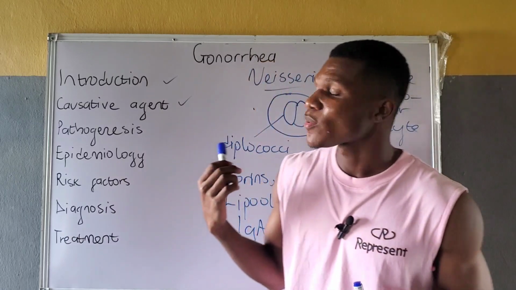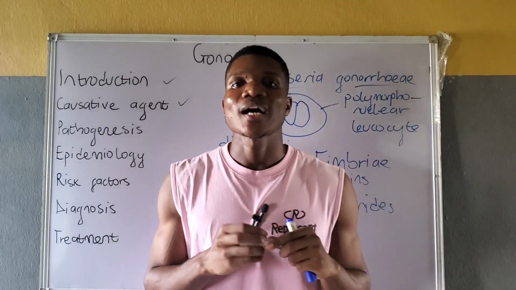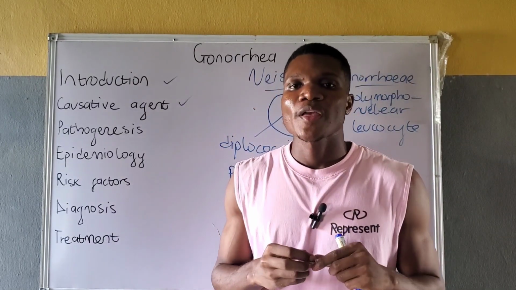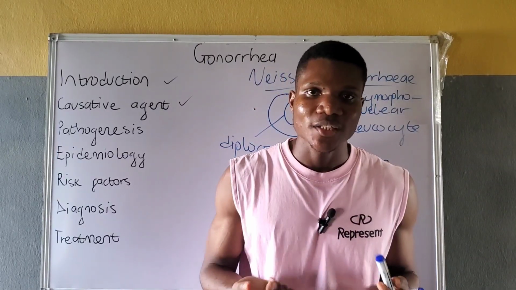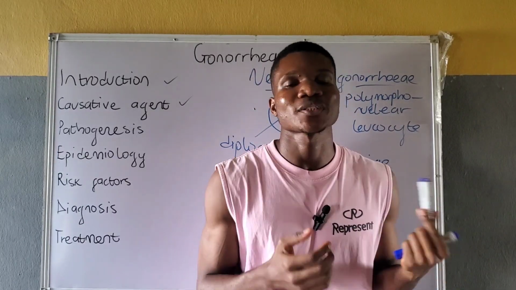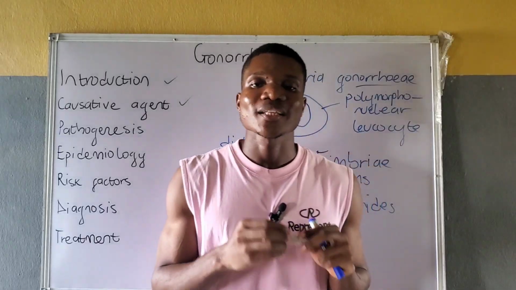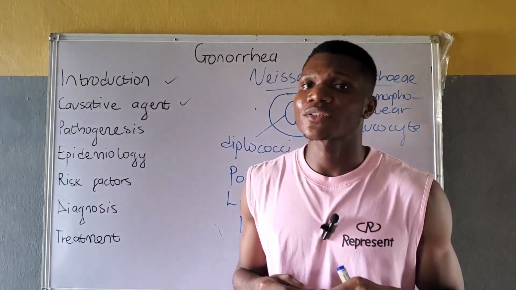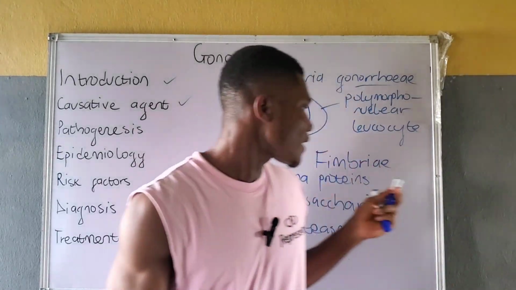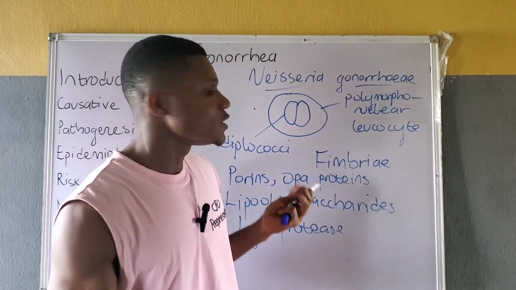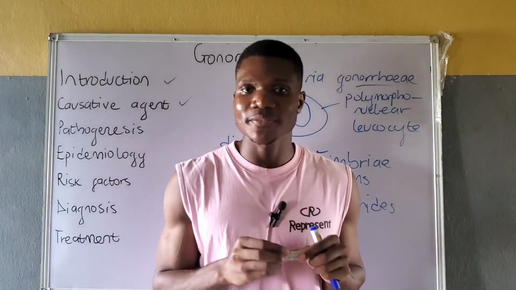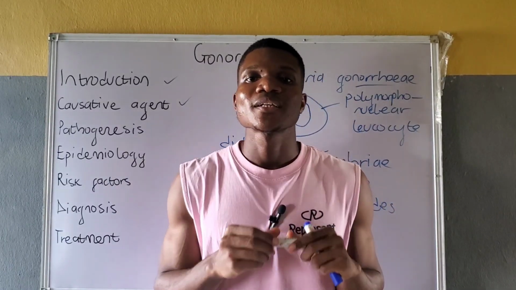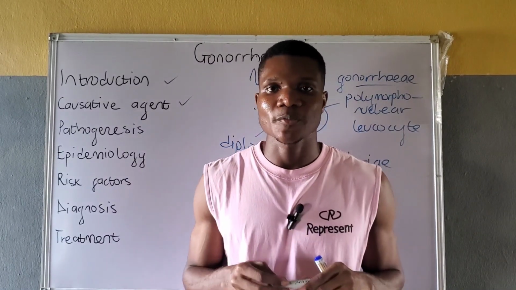The bacteria, once in the urogenital tract, attach to the mucosal epithelial cells of the urogenital tract, the rectum, pharynx, or conjunctiva, as the case may be. This attachment is due to the presence of the pili, fimbriae, or the outer membrane proteins. The attachment is highly specific and it forms the first stage of infection.